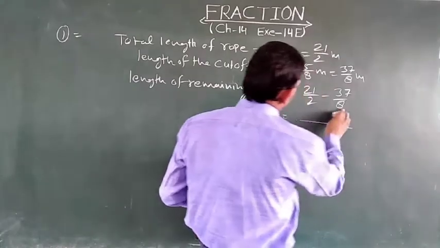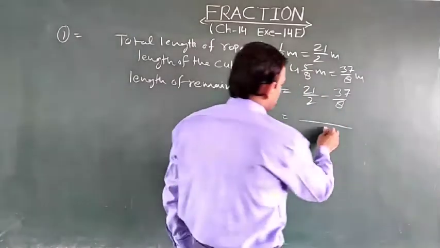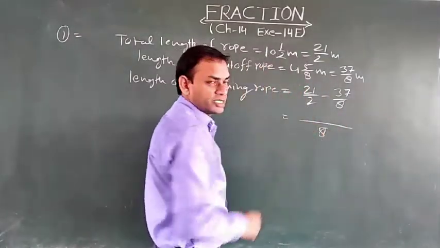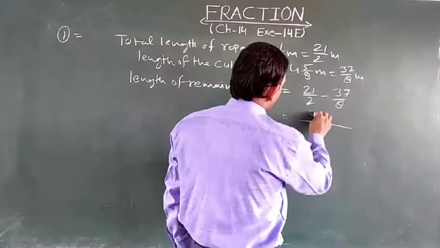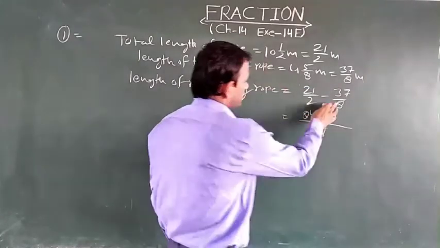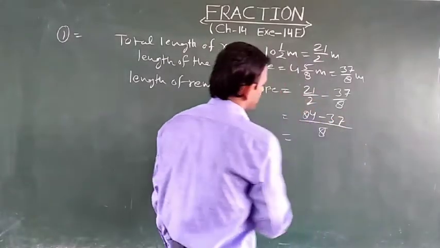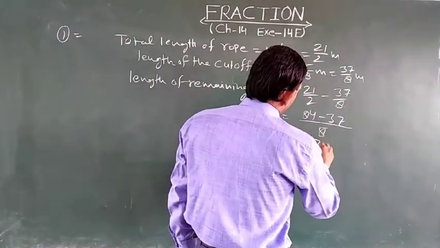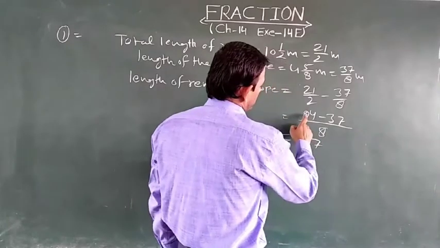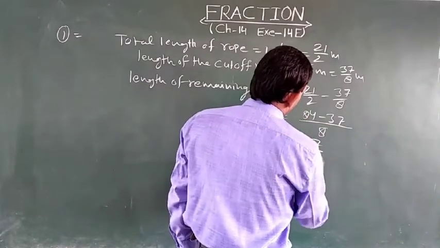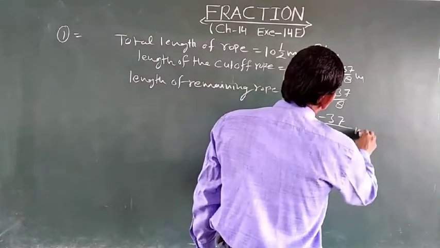Now we will take the LCM of the denominators 2 and 8. LCM will be 8. 2 4s are 8, and 4 into 21 is 84, minus 8 1s are 8, and 1 into 37 is 37. You will subtract it. So you will get 47 upon 8 meter.